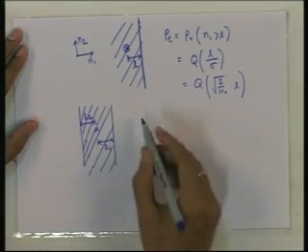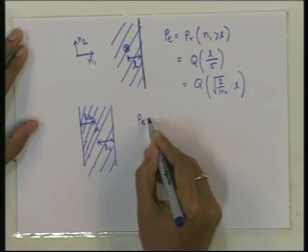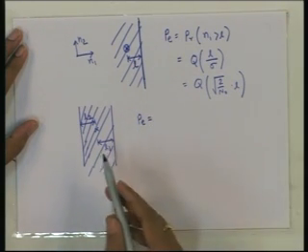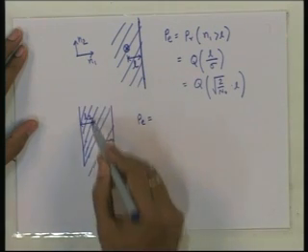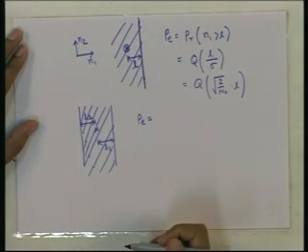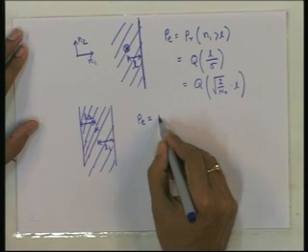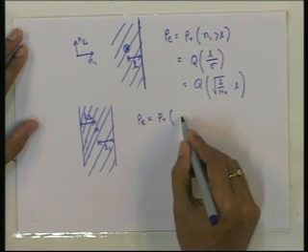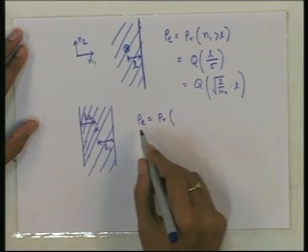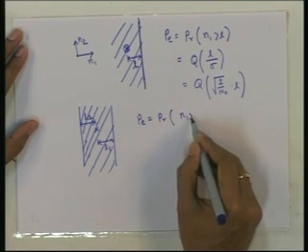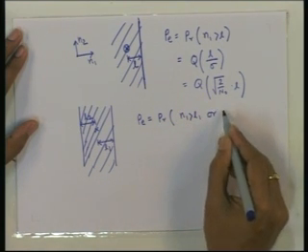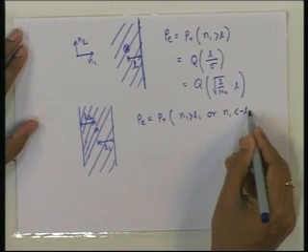Then what is the probability of error? Again the error depends on the value of N1 alone, N2 does not matter. So the probability of error is the probability that N1 is greater than L1 or N1 is less than minus L2.